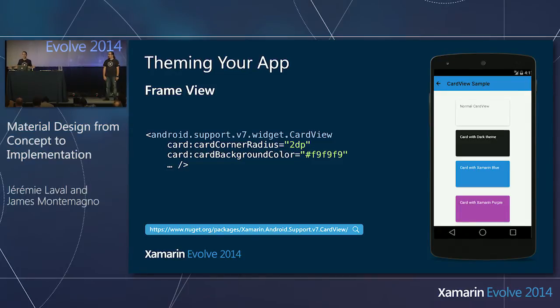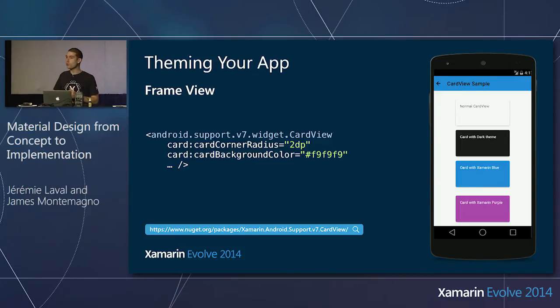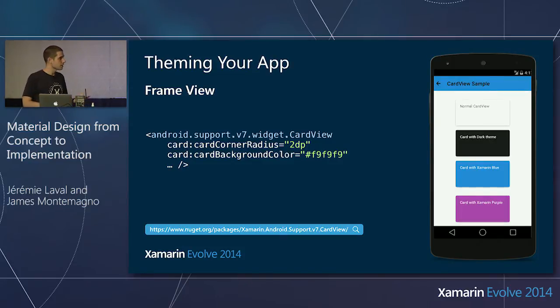You can put whatever you want inside of it. It doesn't matter. It'll handle it for you automatically. It's themable, and it has two distinct properties in addition to normal styling that you can do, which is a card corner radius, so how much corner radius do you want, and also a background color that you can set. And we can see here on the right-hand side, I've selected different background colors for it. You can download this from the NuGet.